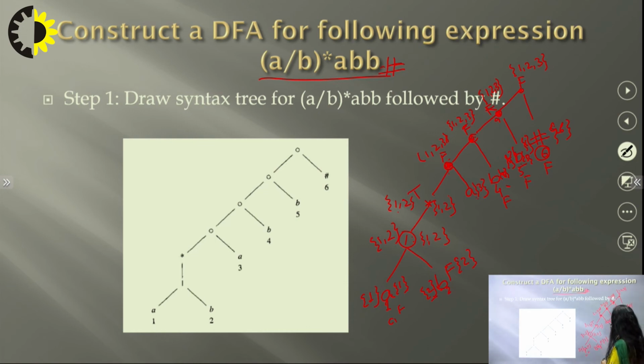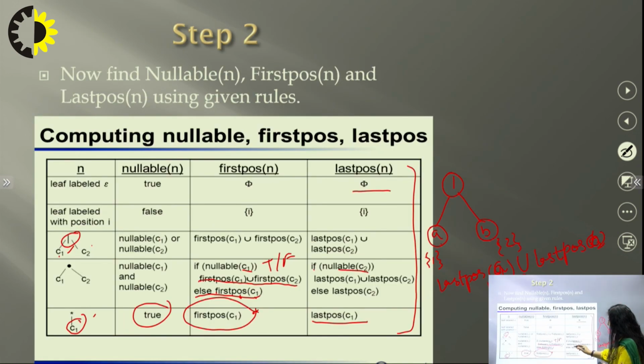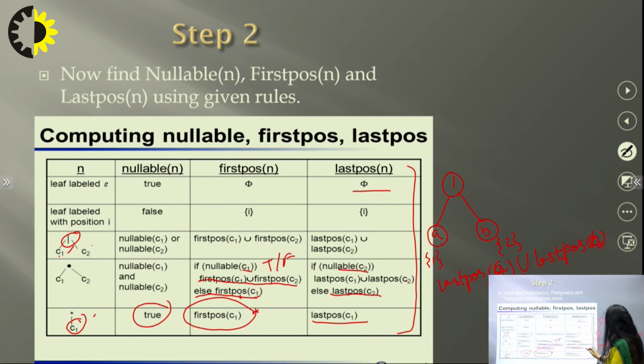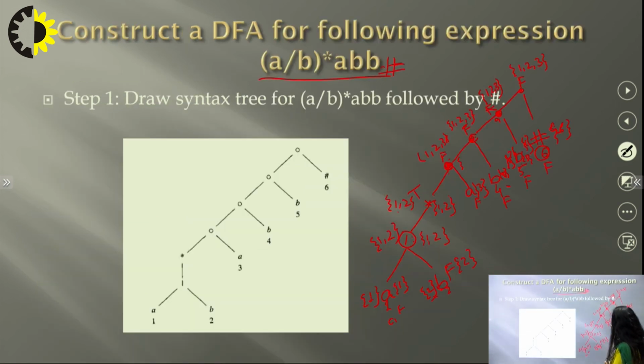If this is true, but this is false as this is the leaf node. If this is true, then we have to compute this function, else we have to compute the last pos of C2. So, here you can see the nullable C2 is false. If it is true, then we have to compute another function, but it is false, then the last pos of C2. So, the last pos of C2 is 3, which is the last pos of the concatenate symbol.